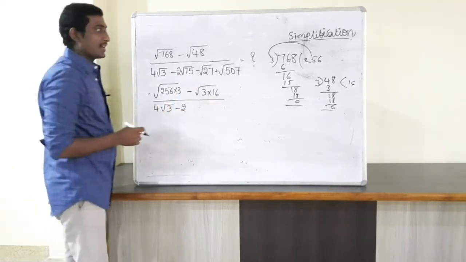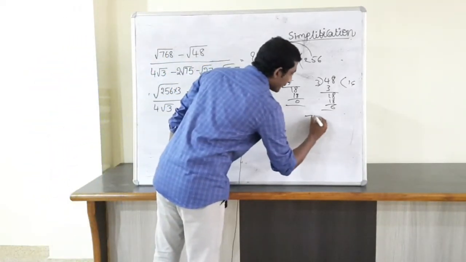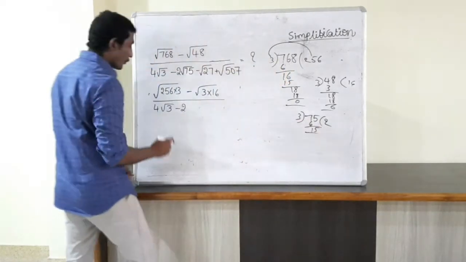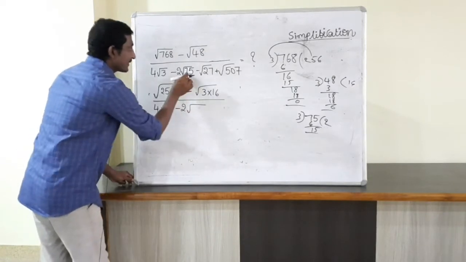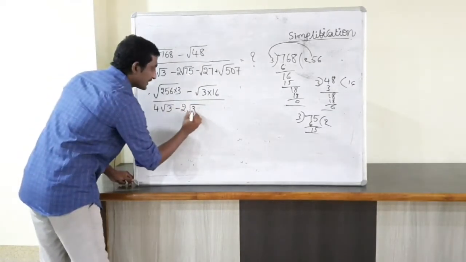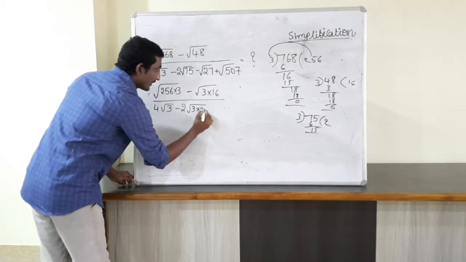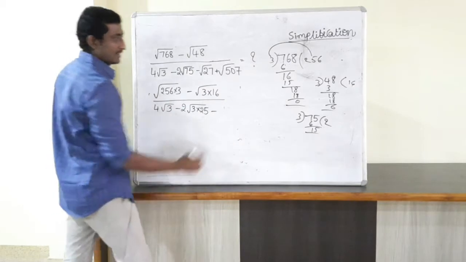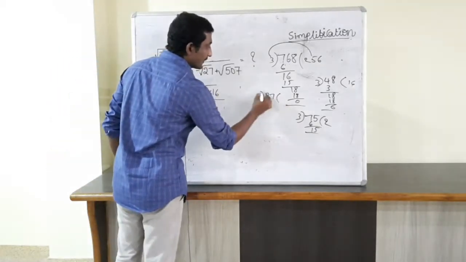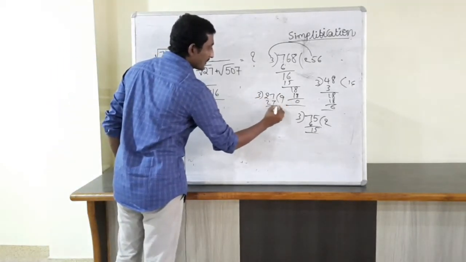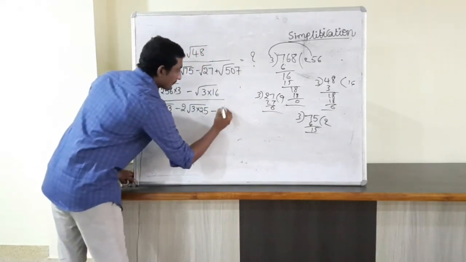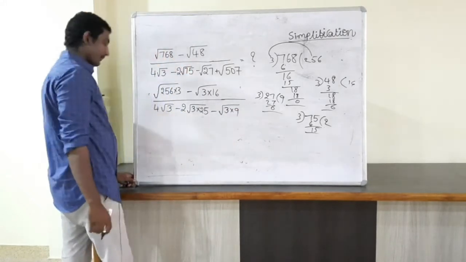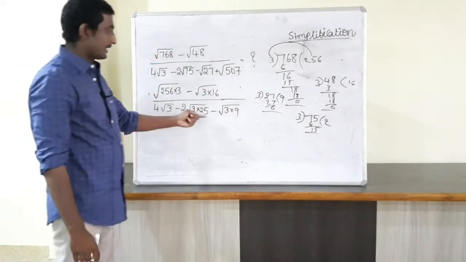So, 75 is again divided by 3. How many times? 25 3s are. That means in place of 75 you have to write 3 into 25, minus 27. 27 divided by 3, 3 9s are 27. So, in place of 27 you have to write 3 into 9.